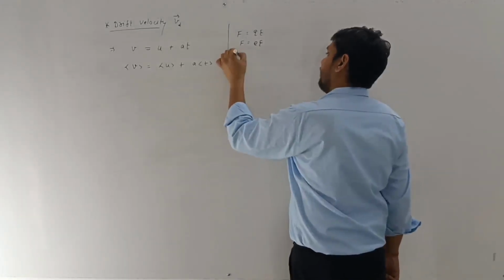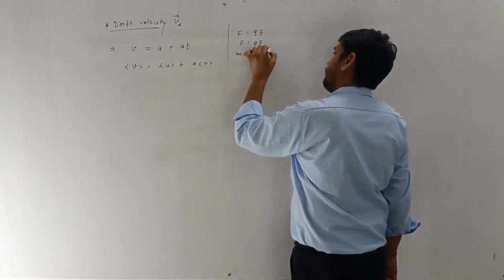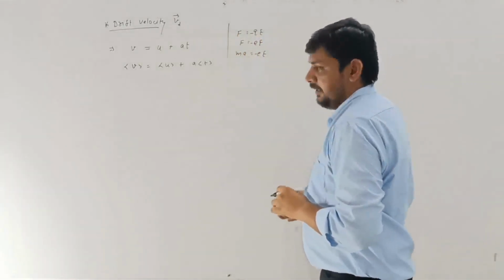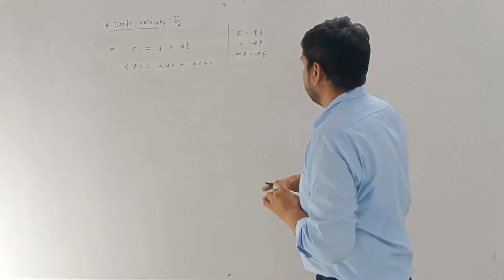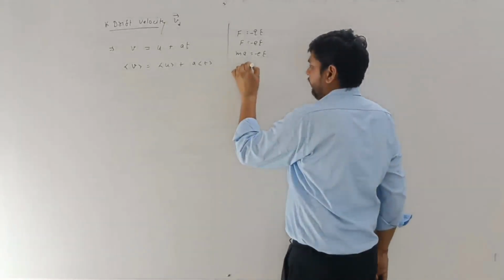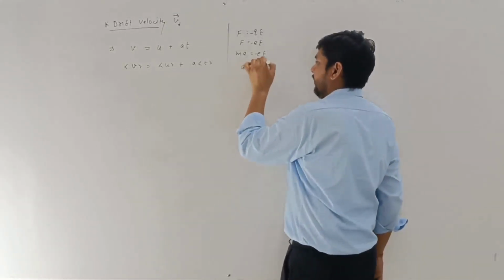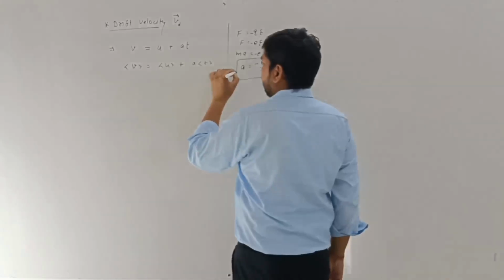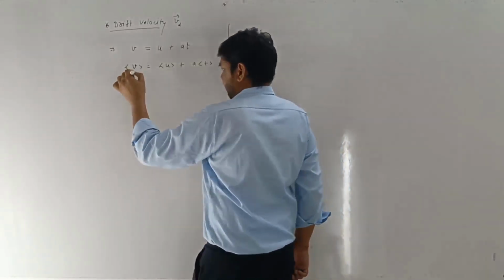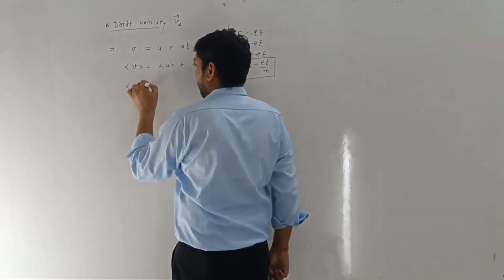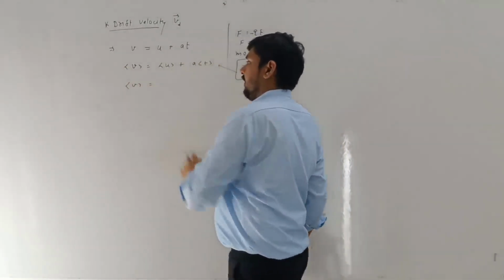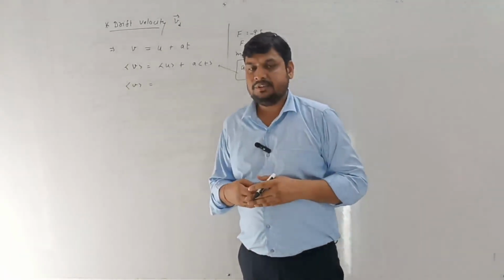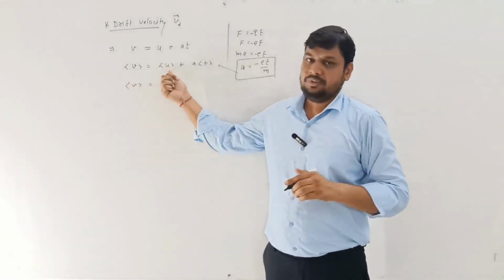Now F is equal to ma. There is a charge, the force is attractive, so the negative comes here. From here the acceleration is minus eE upon m, and we use this term in this formula. Now v equal to, this value is the initial average velocity without external field.